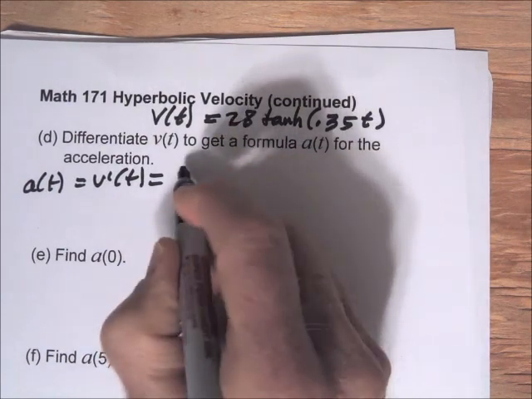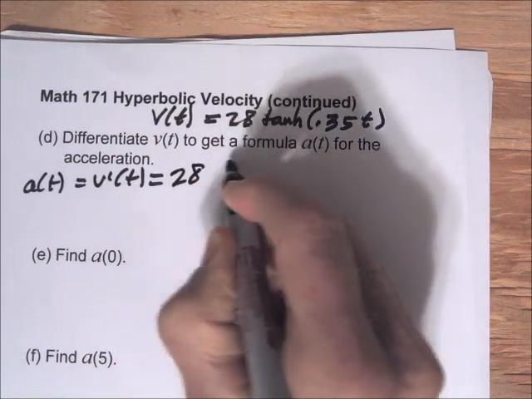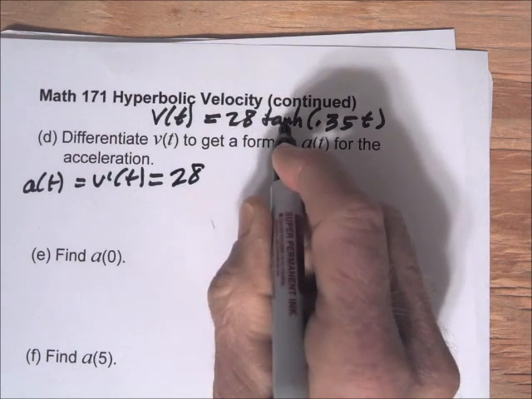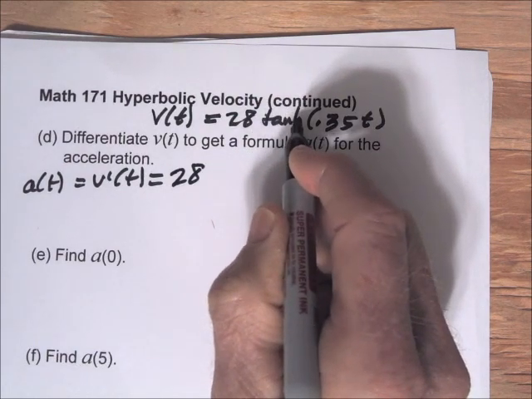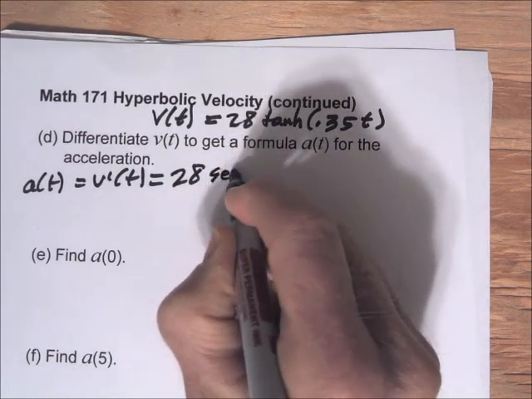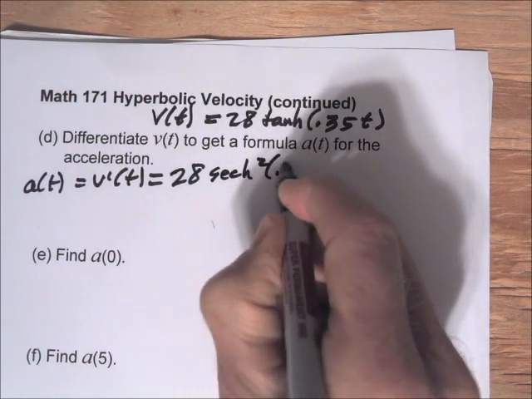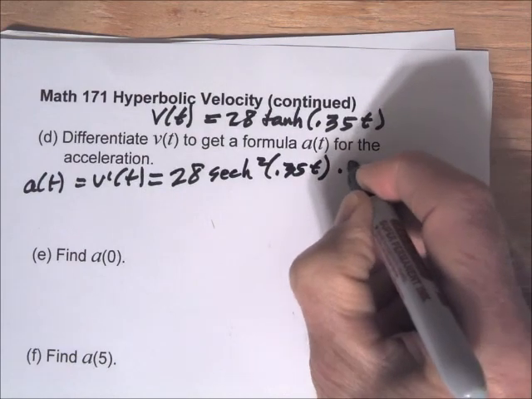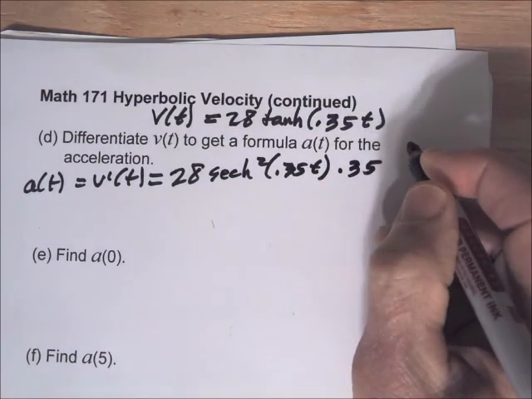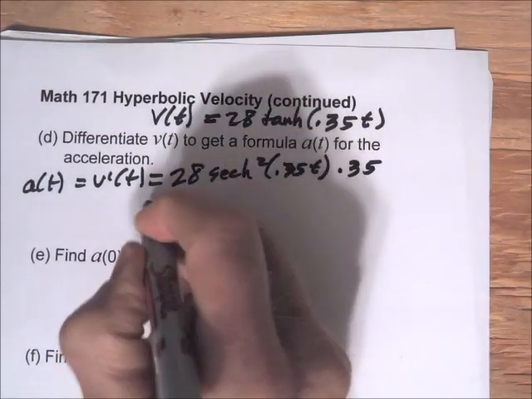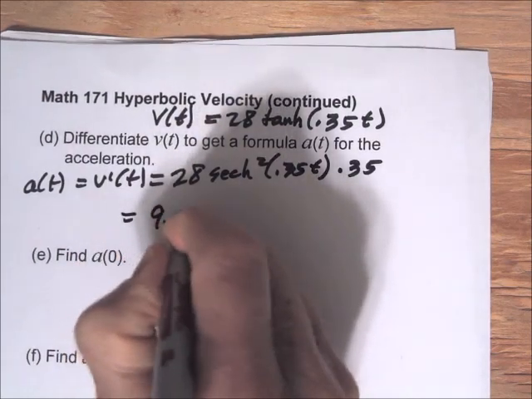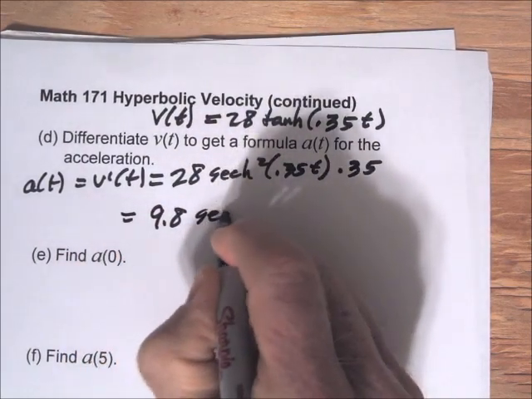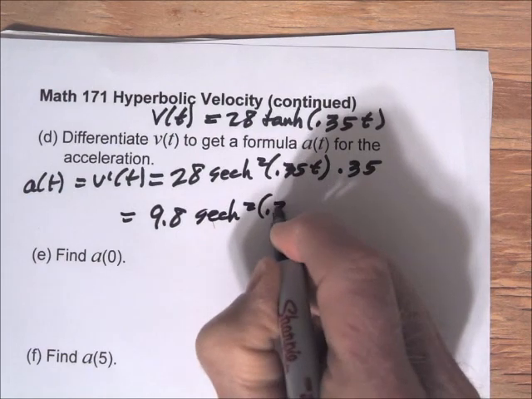The 28 is a constant. We just copy the 28. The derivative of a hyperbolic tangent is hyperbolic secant squared of 0.35t, and the derivative of 0.35t is 0.35. So if you multiply 0.35 times 28, you get 9.8 sech squared of 0.35t.